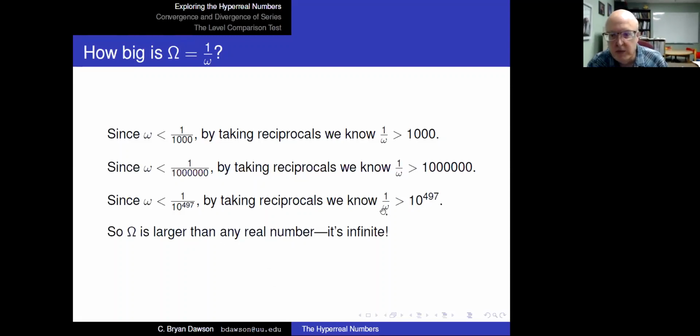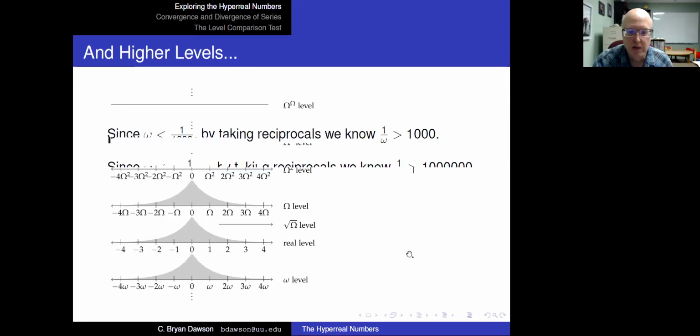And by the way, little letters for little numbers like omega for an infinitesimal, capital Omega, big letters for big numbers. So that's the scheme. So just remember that little omega and capital Omega are reciprocals of one another in this scheme. So where would that fit?